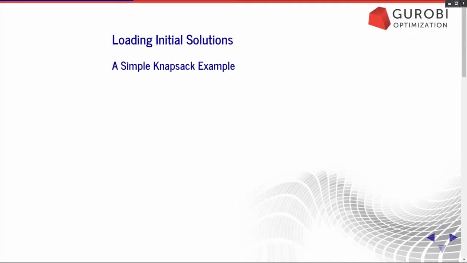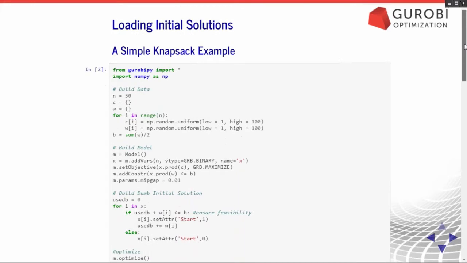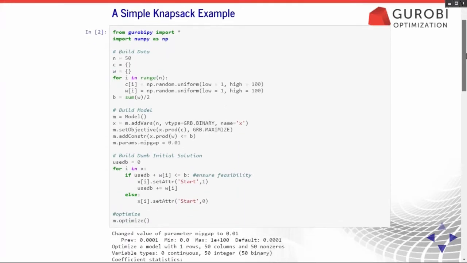So what about giving initial solutions? I'm going to illustrate first how to do this, and then I'm going to explain when this helps. Here's a small piece of code, and actually this is the only complete code that I'm going to show you. Everything else is going to be in scripts that you'll get whenever we release the video and the slides.